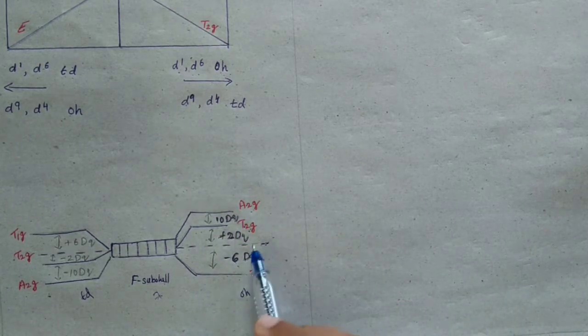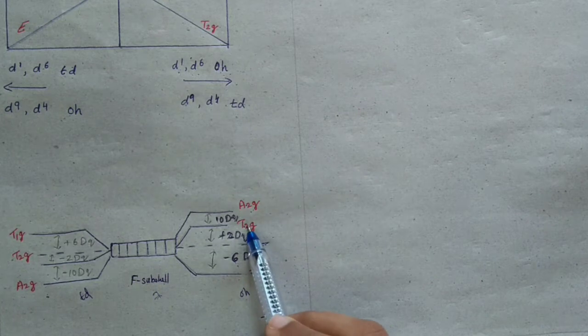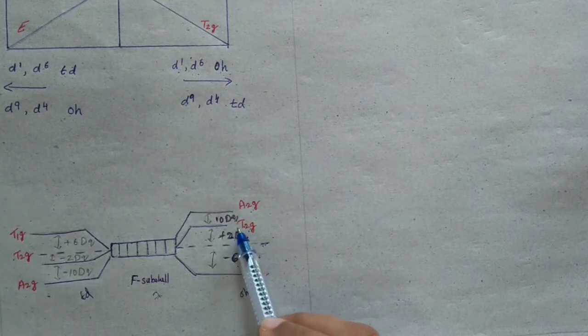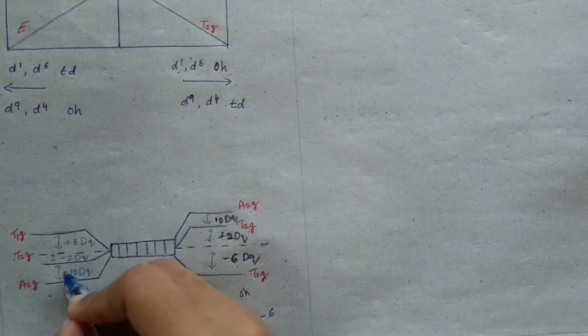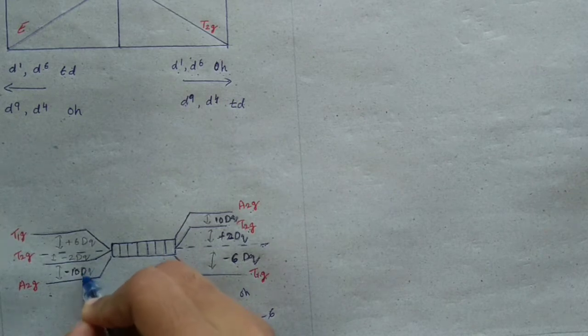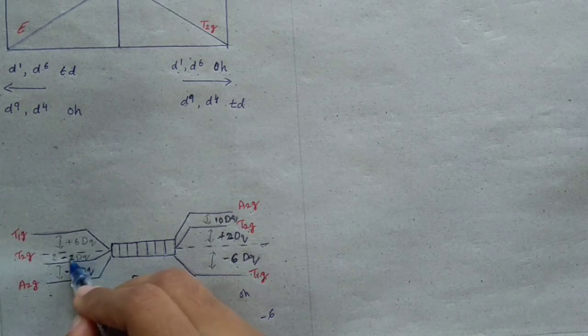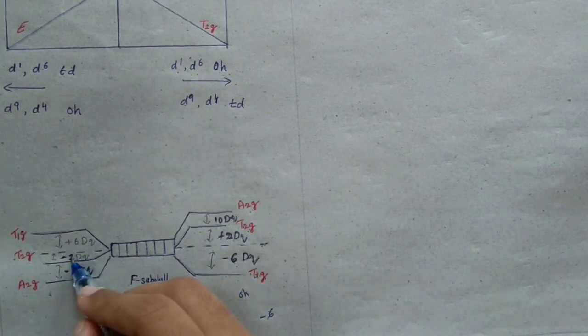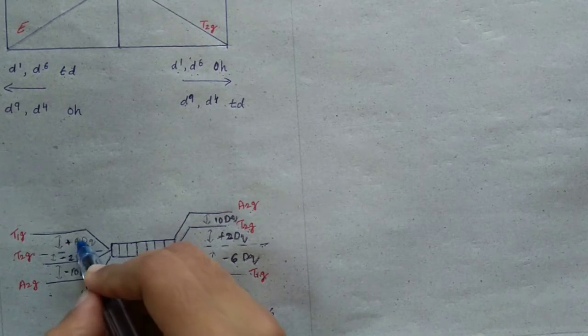In tetrahedral, A2g to T2g is -10 Dq, barycenter to T2g is -2 Dq, here +2 Dq, and T2g to T1g is +6 Dq.